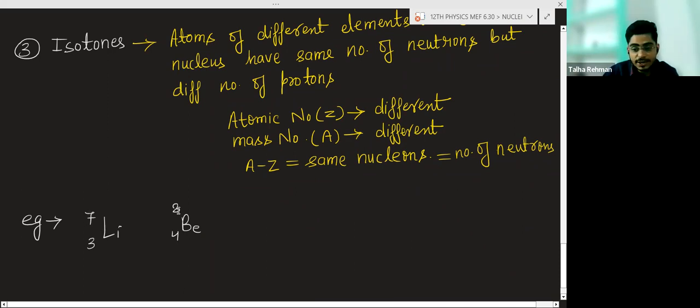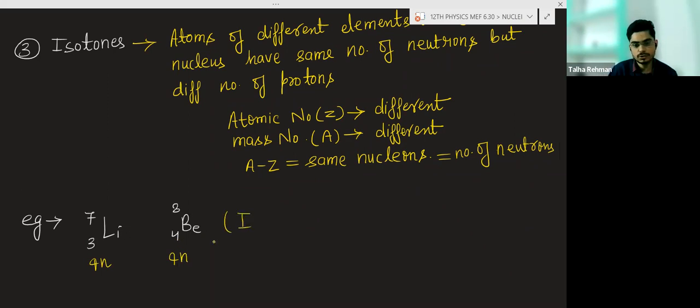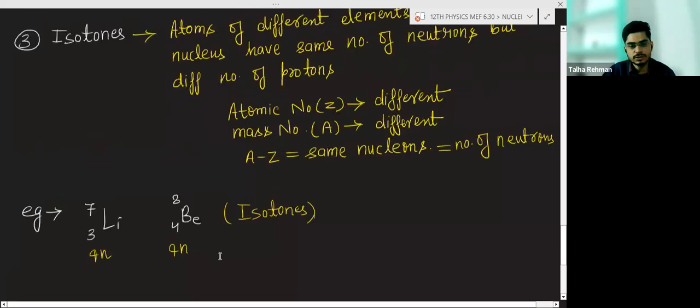Now calculate the number of neutrons. How to calculate the number of neutrons? Mass number minus atomic number. 7 minus 3, 4 neutrons. 8 minus 4, 4 neutrons. So the number of neutrons is the same. So these are isotones.